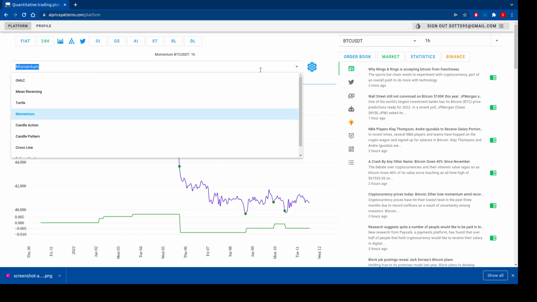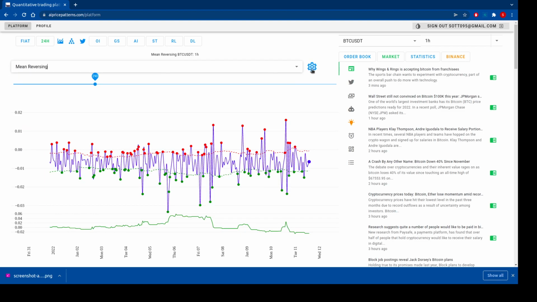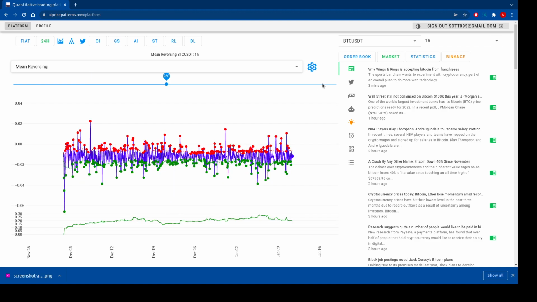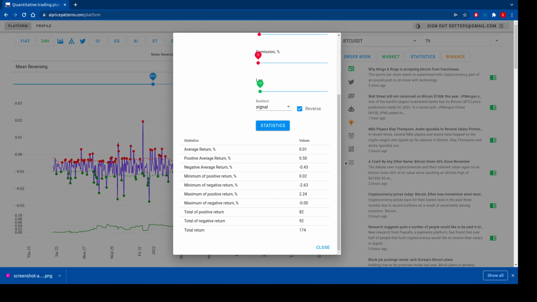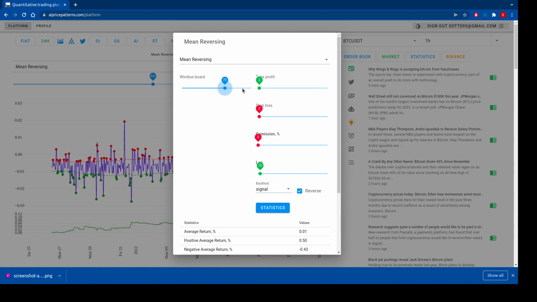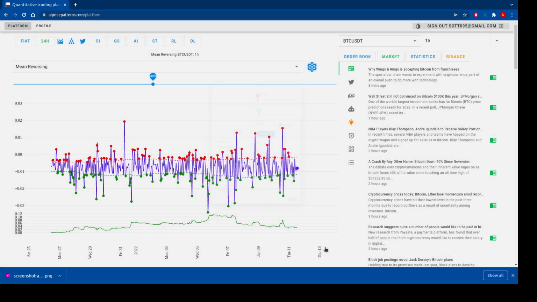Maybe let's check mean reversing, for example. Okay, mean reversing looks great for the last several days, and we could use this dependency, and we could check average return, average loss, for example, and we could do some tuning of parameters.